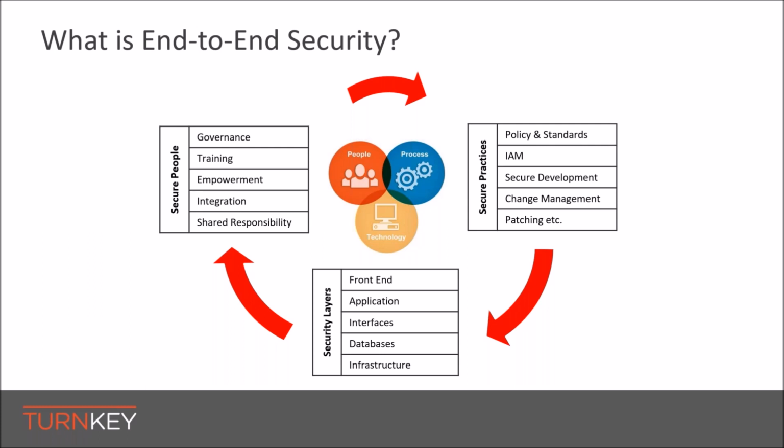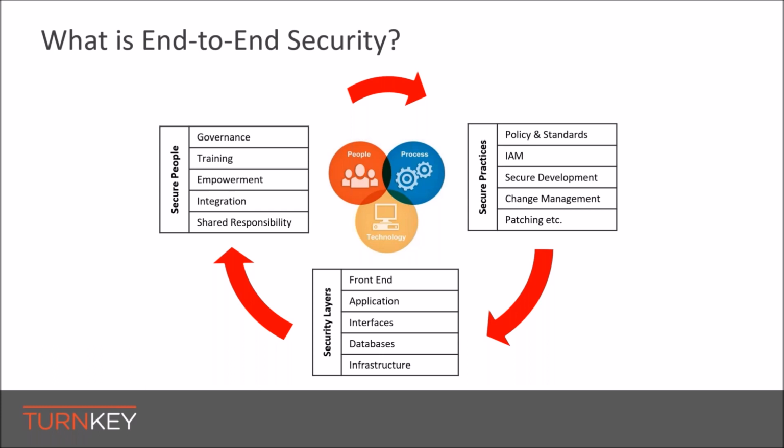Access controls are an important part of securing an SAP system, but there's a hell of a lot more that needs to be done to ensure that that system is secure and to reduce the risk of a vulnerability. So we came up with a concept of secure practices, secure layers, and secure people.